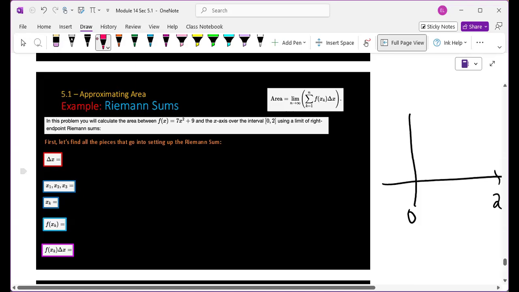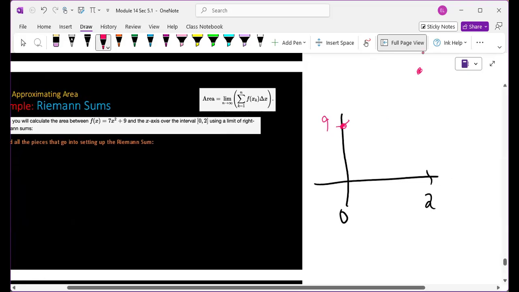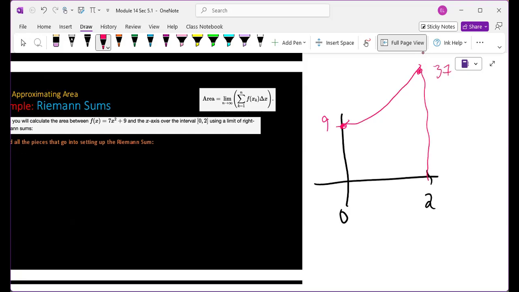At x equals 0, it's going to go through the point 9. Then at 1, it'd be going through 16. And then at 2, 28 plus 9, 37. So it's going to go up a bunch. But that's just our basic picture of what's going on.